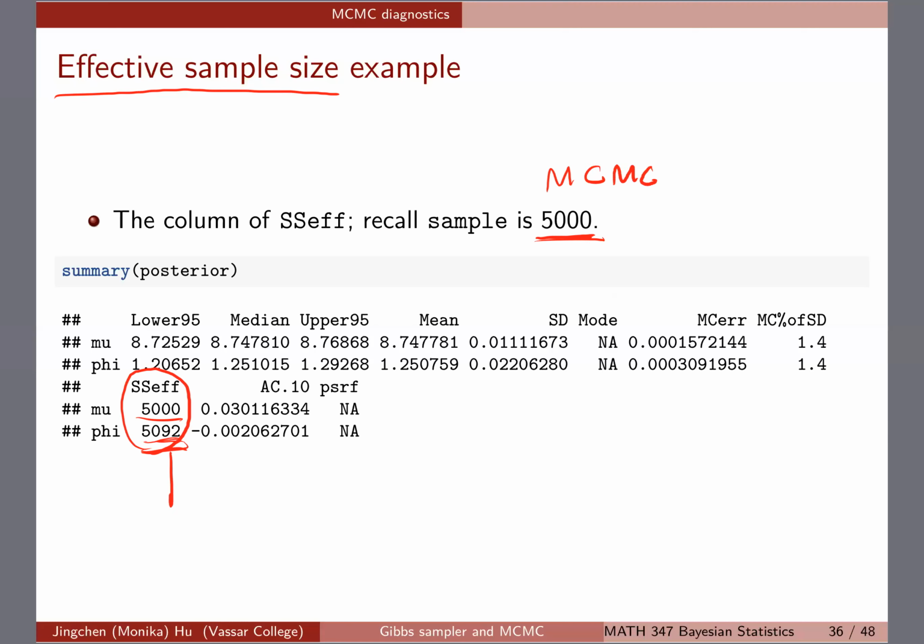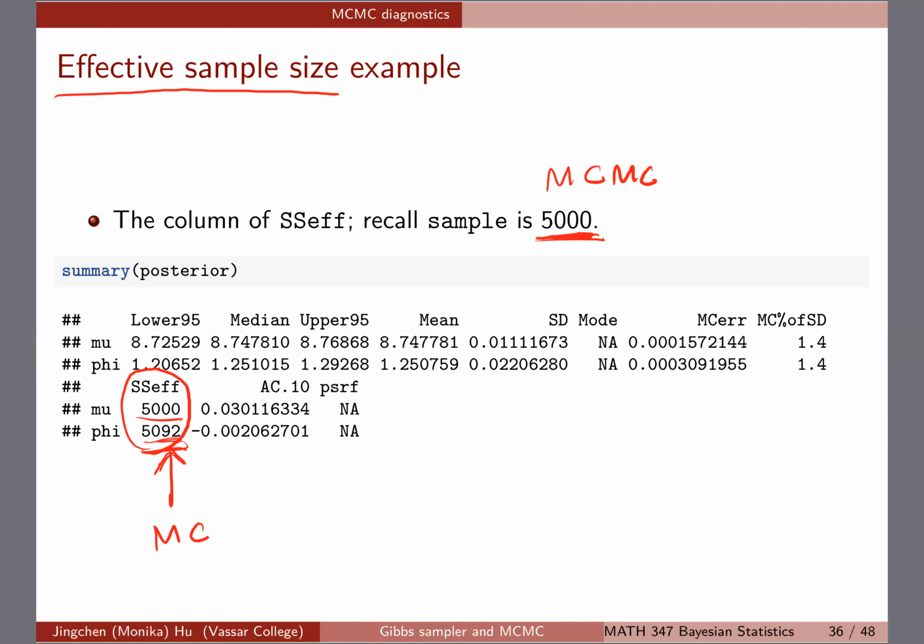And this effective sample size is trying to give you the equivalent Monte Carlo draws, meaning independent draws, that these 5,000 MCMC draws are equivalent to.